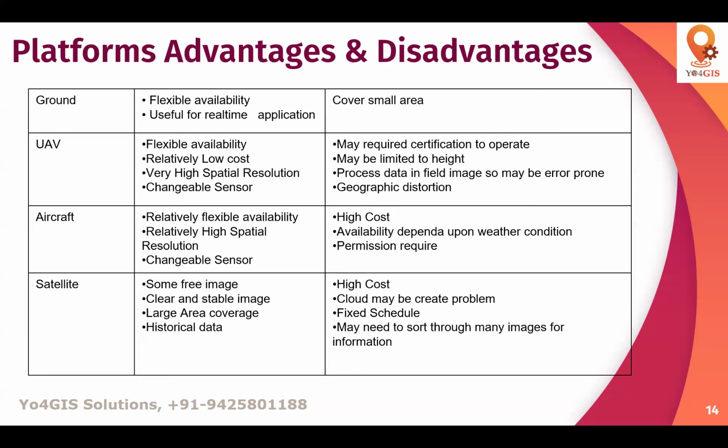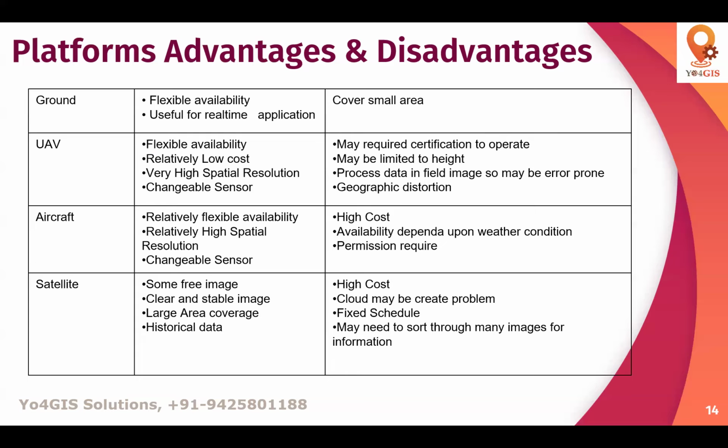Satellite, you guys already know. Satellite means some free images are available, clear and stable images, large area coverage, historical data. There are many websites where you can get historical data, maybe from 1 year or 6 months before.